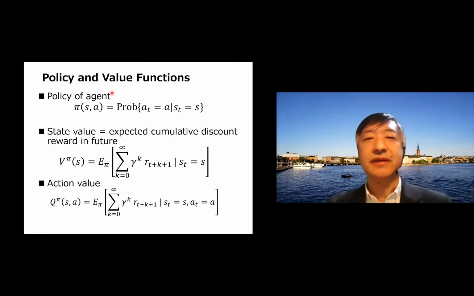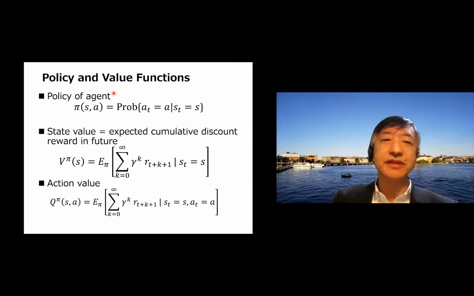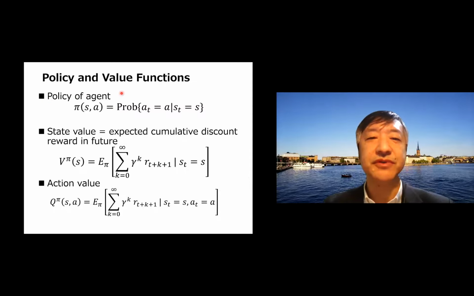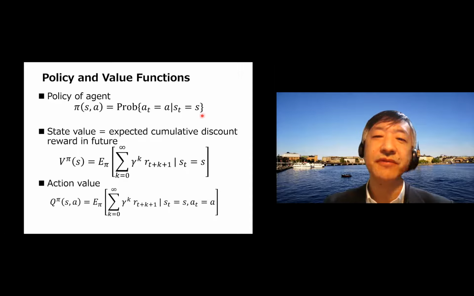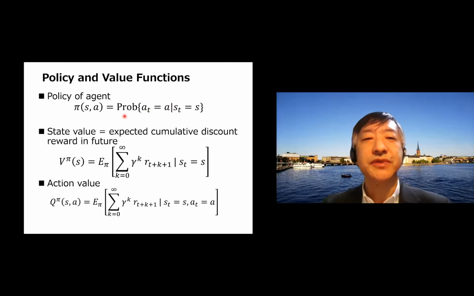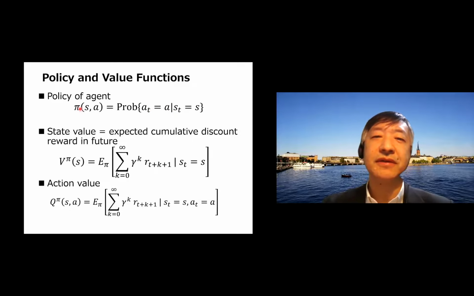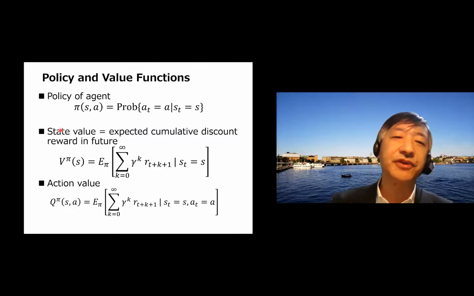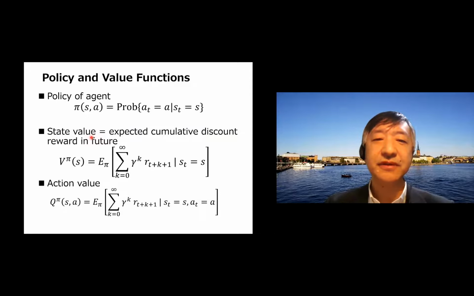And we can also introduce a policy of the agent, the policy of the doctor. This defines the doctor's action in some patient state, as a probability distribution over the doctor taking some action. With these elements, we can calculate the state value of a patient state.